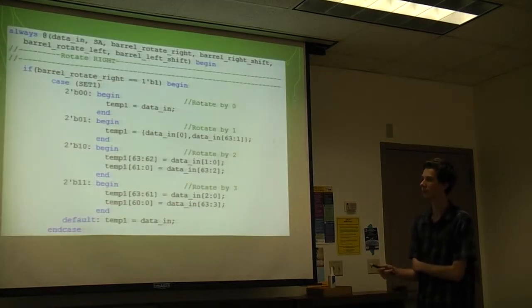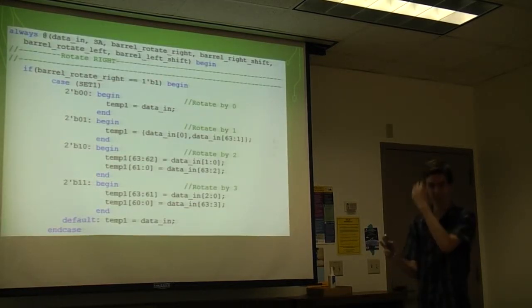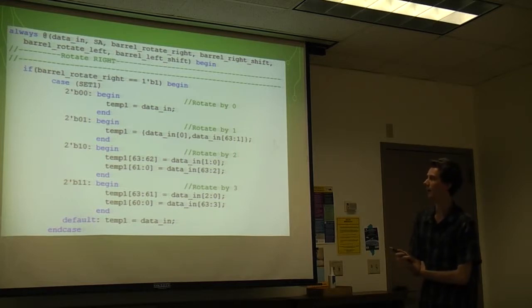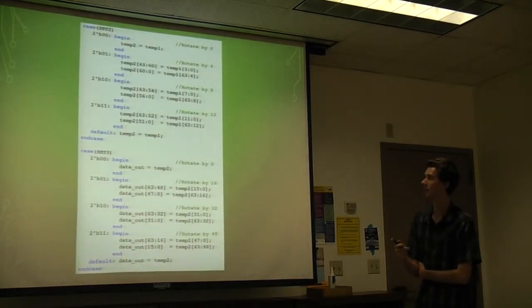The first one deals with the first 2 bits of the shift amount, and it can rotate the value by 0, 1, 2, or 3 times. The second one can shift it by 0, 4, 8, or 12 times. The third one by 0, 16, 32, or 48 times.